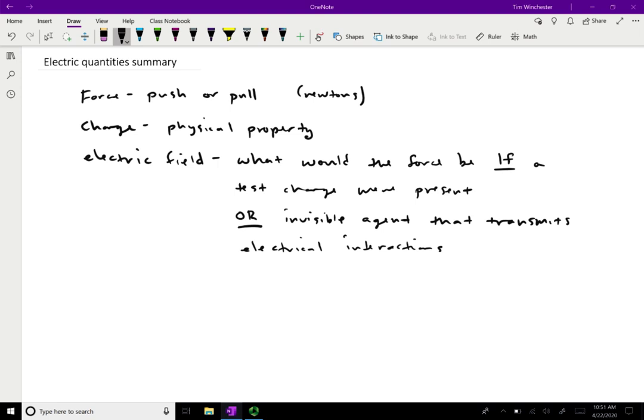So the new one that we have just introduced is the electric flux. And the way that we are thinking about that is that it is the amount of electric field through a surface.